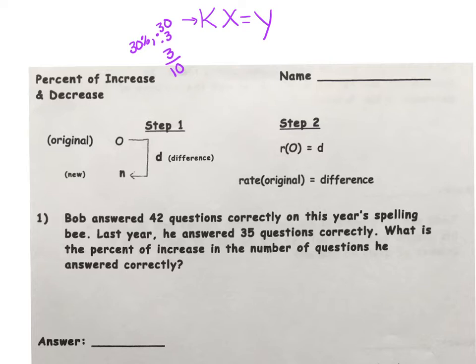For example, we know K is a rate and can take any one of these forms. But for the sake of these problems, instead of a K, we're going to use a lowercase r, and instead of an X, we're going to use an O to represent the original start amount.